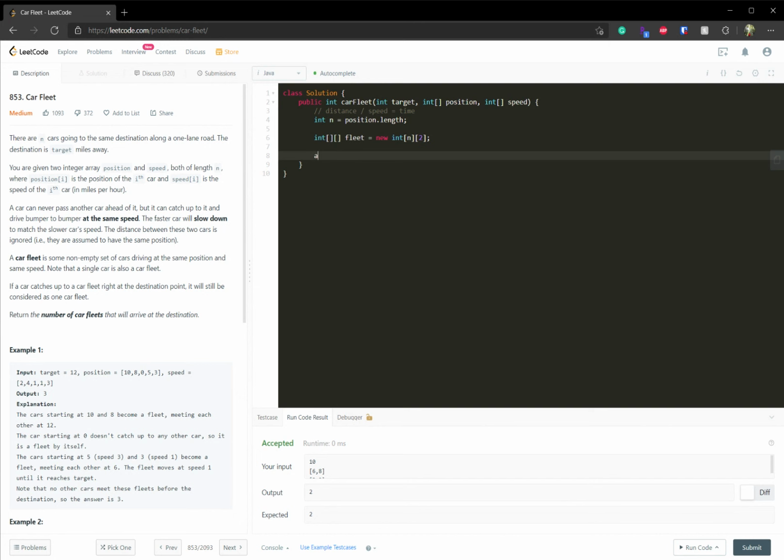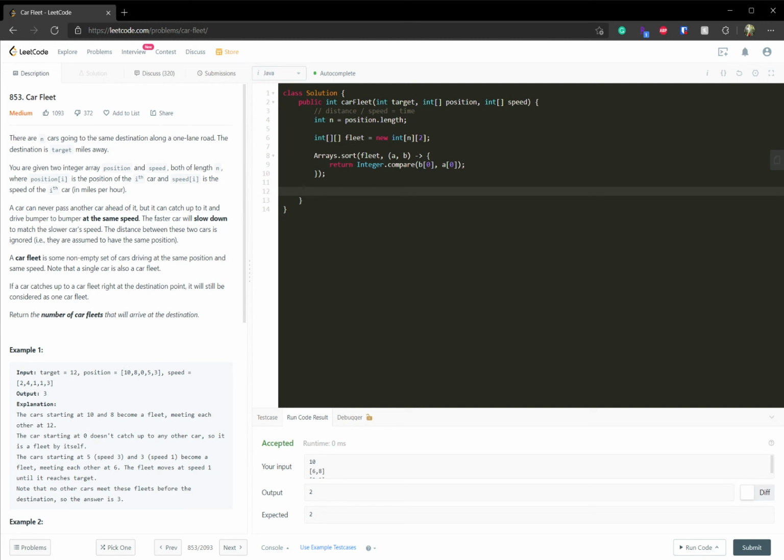So I can do Arrays.sort on fleet, and give it a comparator. We'll return Integer.compare of B0 and A0. This way, all the cars closest to our target will be first, which is the bigger numbers first.